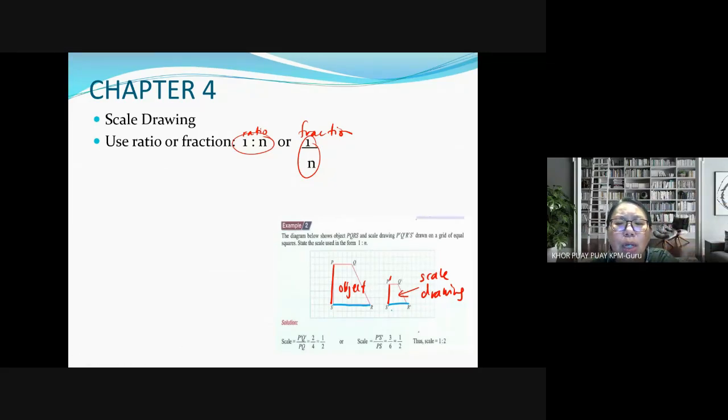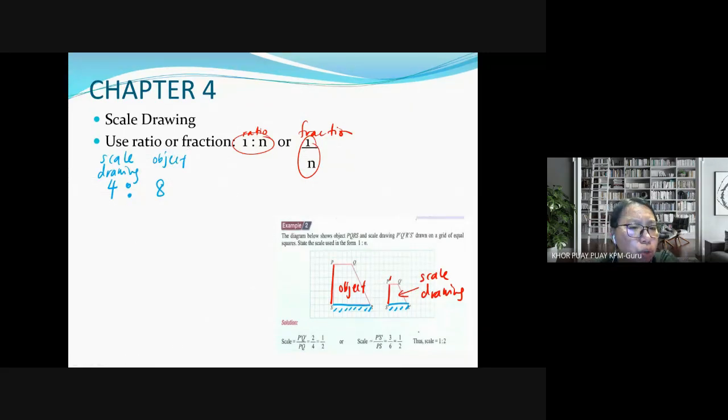For example, if I count here, 1, 2, 3, 4, there are 4 units on my left side for my scale drawing. And then for my object on the right side is 1, 2, 3, 4, 5, 6, 7, 8. So I will put 8. This is my length of object. So scale drawing on the left, object on the right.